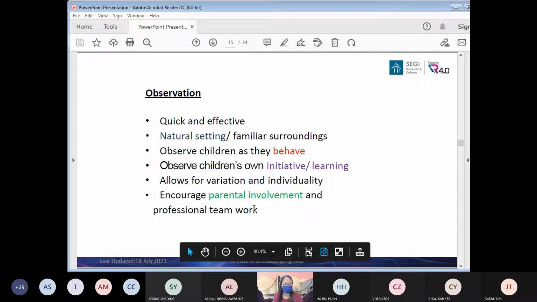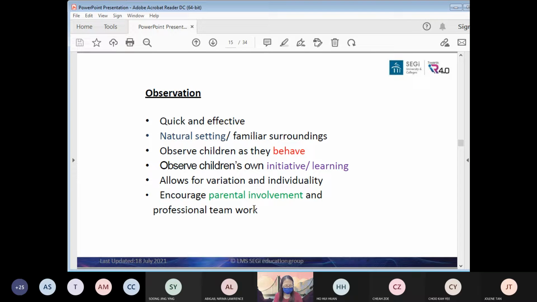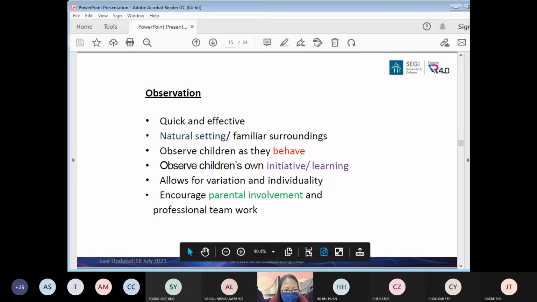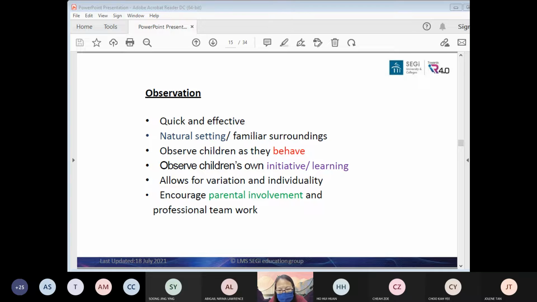Okay, again, we are talking about observation. What are the elements in observation? You have done it before, you tell me. Running record, checklist, some more?